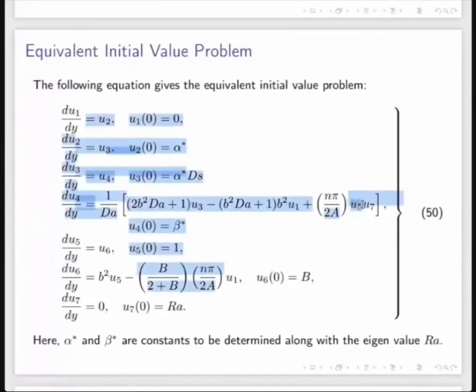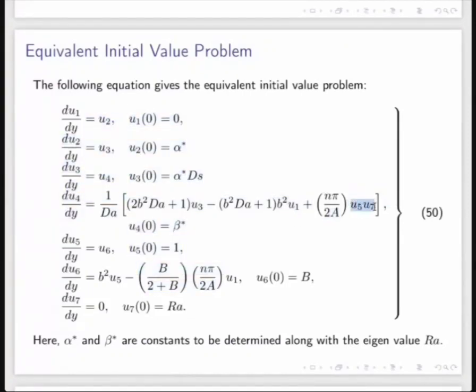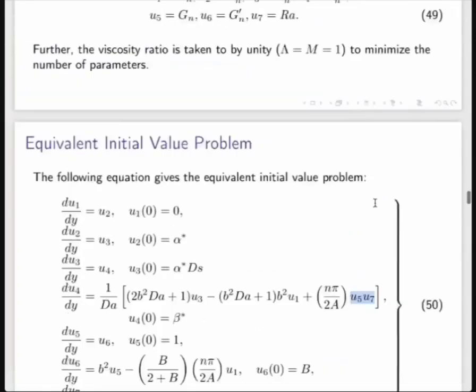And if you observe this equation, there is a u5, u7 term present. u5 represents theta, u7 represents Ra. So since we are dealing with Ra as an additional variable, this could be treated as a nonlinear term, and this nonlinear term will be handled by property number 3, which I presented earlier.